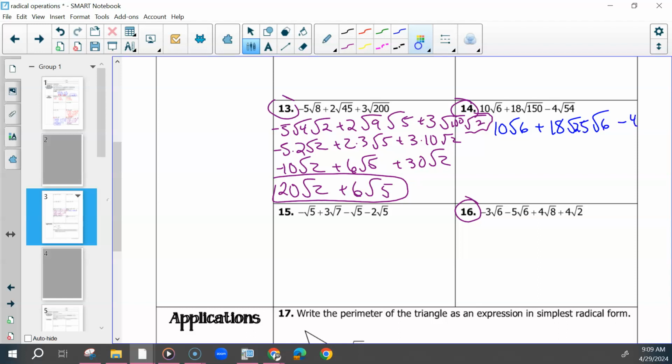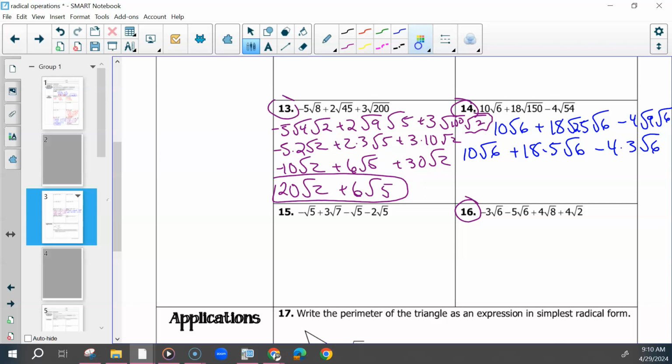And then for 54, 9. 6. There we go. So we have 10 root 6 plus 18 times 5 times the square root of 6 minus 4 times 3 times the square root of 6.